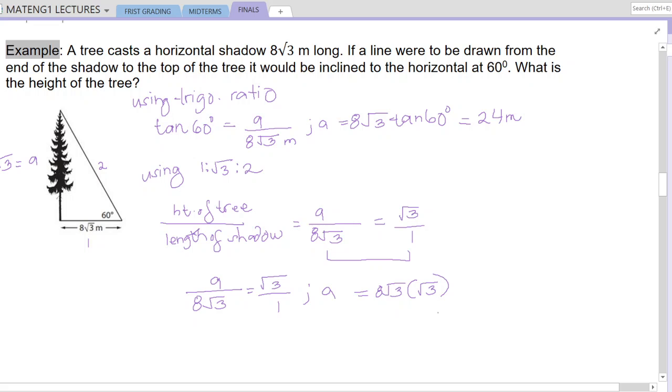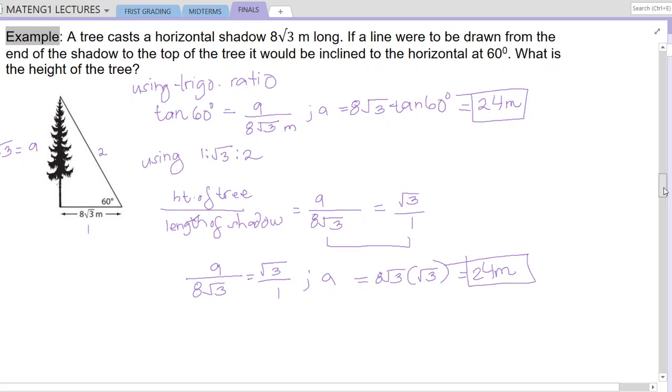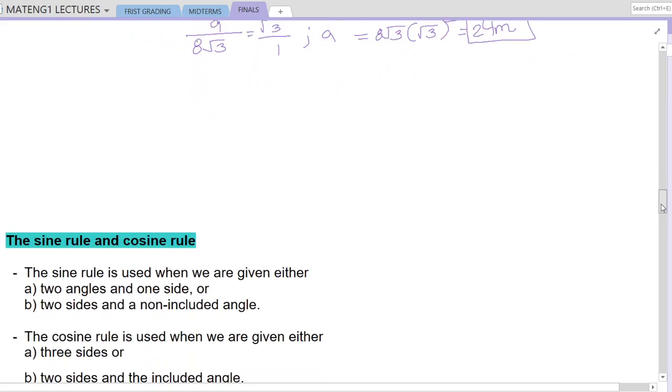Square root of 3 times square root of 3 is 3, and 3 times 8 is equal to 24 meters also. So the height of the tree is therefore 24 meters, using trigonometric ratio and using the half equilateral, or using the Pythagorean theorem.